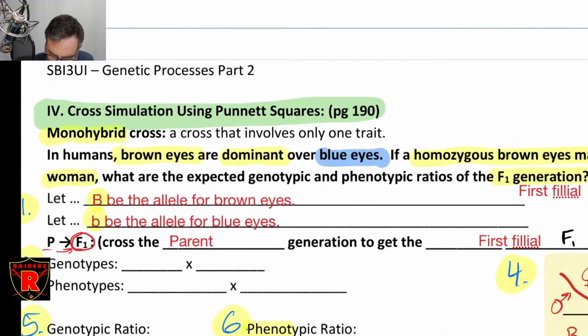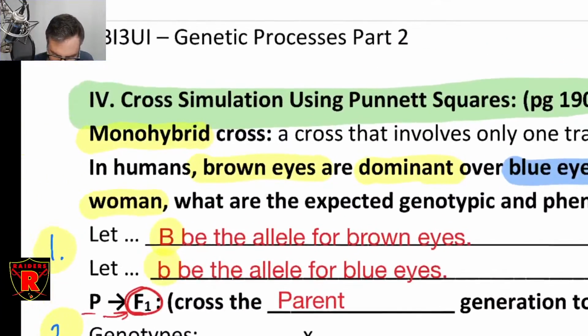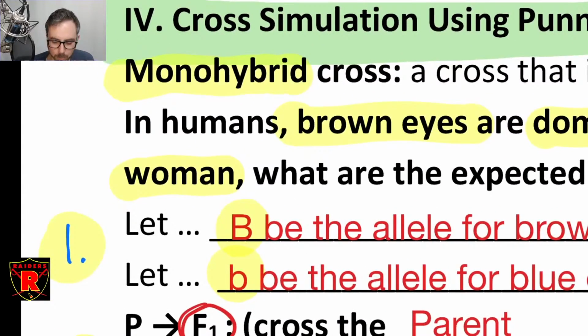The first thing you need to do when you get a problem like this is establish what are called let statements. I have them numbered here, that's the number 1 in the corner. So step 1 is establish what lettering you're going to use to symbolize your dominant and recessive.